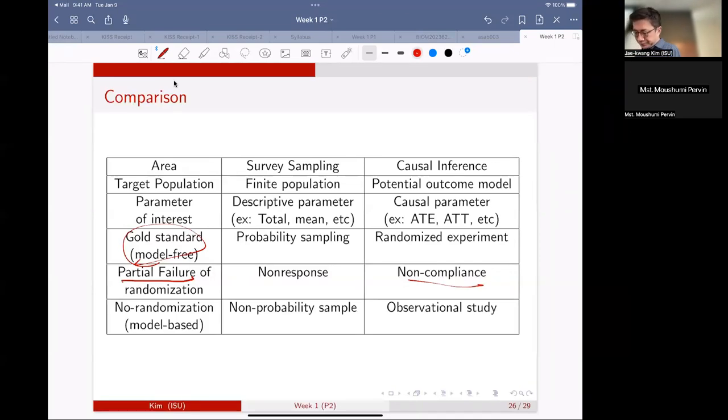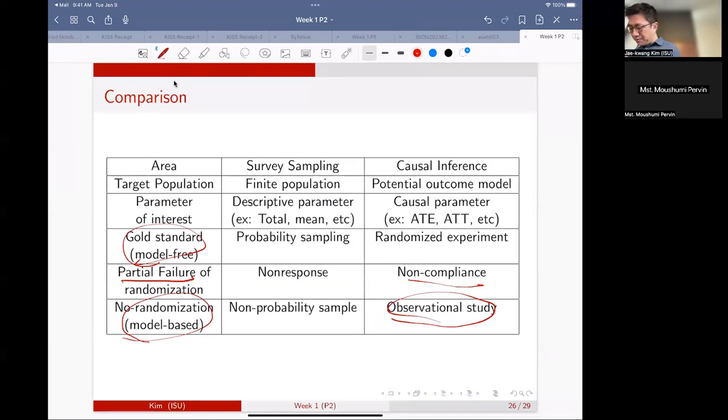So this is a gold standard, and this is kind of a weak failure. This is a strong failure in some sense, right? In the observational study, we have to assume some model and make a strong assumption which we cannot really verify from the data, but build some conclusion under the assumption that we make.